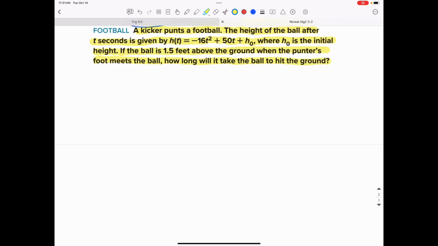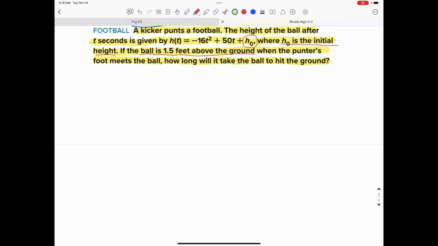Okay, so a couple things about this is that we have h sub 0, and what that represents is the initial height, and the initial height is where the ball was when it was first struck. Since this is a punter, punters typically kick the ball by dropping it and then kicking it slightly above the ground. So the ball is going to be 1.5 feet above the ground when it's actually kicked.